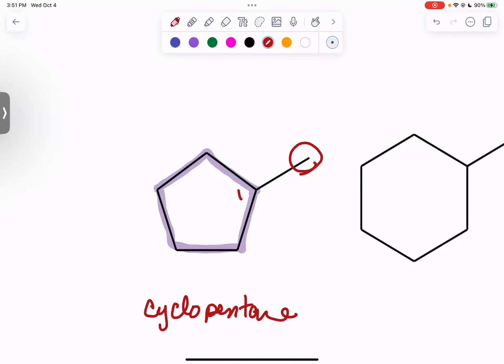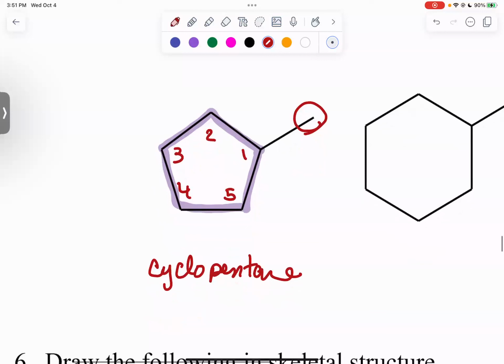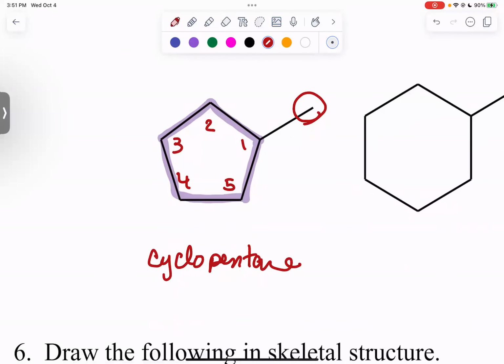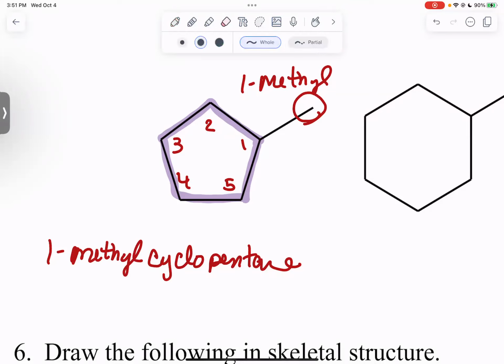But then you can go clockwise or counterclockwise, doesn't make a difference. 2, 3, 4. Okay, so then this is our cyclopentane, and it's got a methyl group at number 1, and so we call it 1-methylcyclopentane.